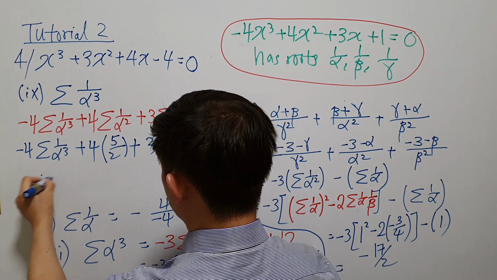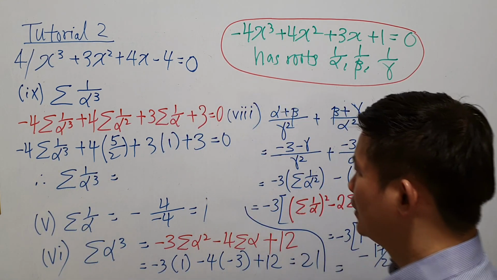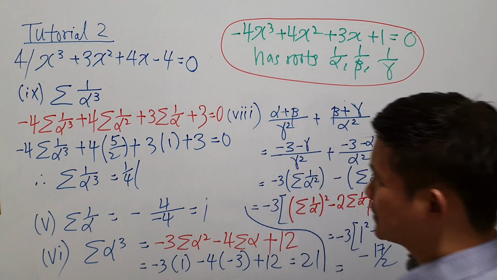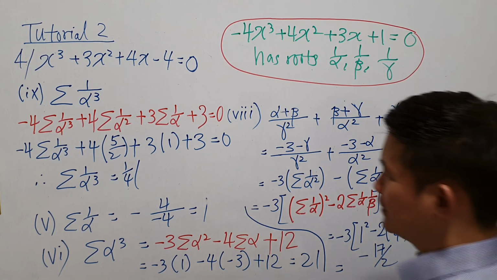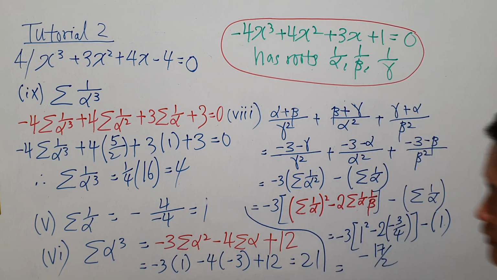I therefore can say that the summation of 1 over alpha cubed is equal to 1/4 of 6 plus 10, 16. So it goes to 4. And that completes our question for part 1 to part 9.